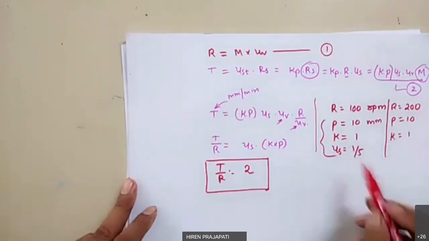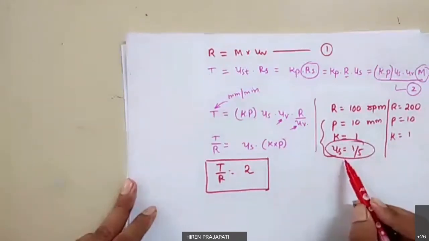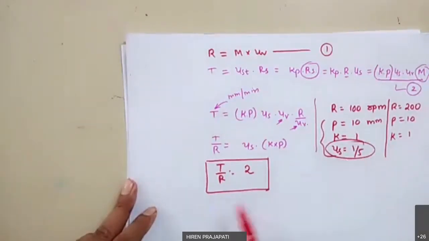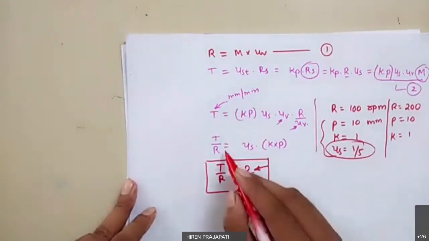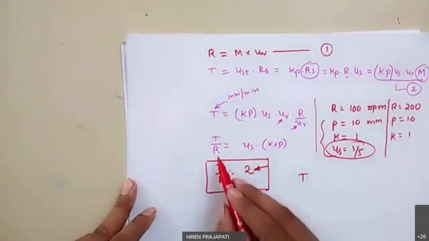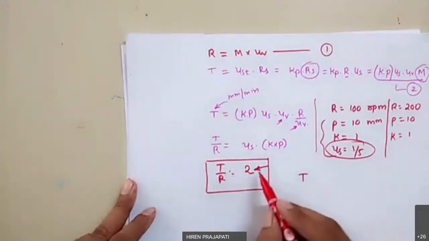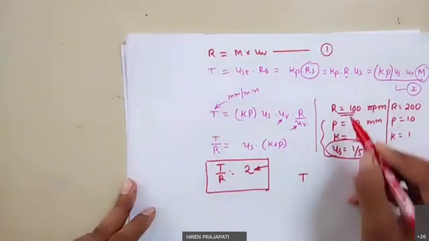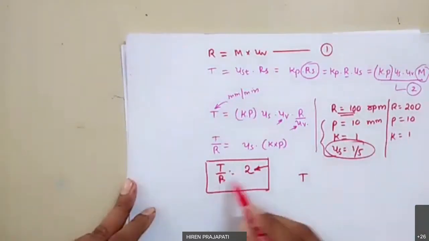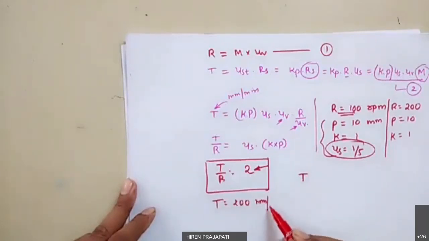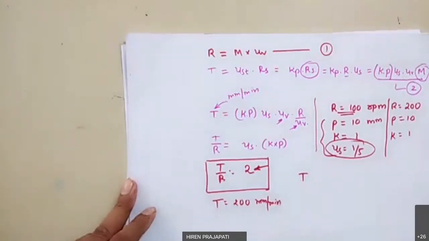So these are the constant values, right? And this value we have set in our feed box, right? So if now my requirement is to keep this feed rate constant as per the material combination of workpiece and cutting tool. I want to maintain this 2 as constant, right? Then what happens is, if you try to solve this T, because now R is changed, for the first case, if I multiply 100 with 2, then translation of the carriage is 200 mm per minute, right?